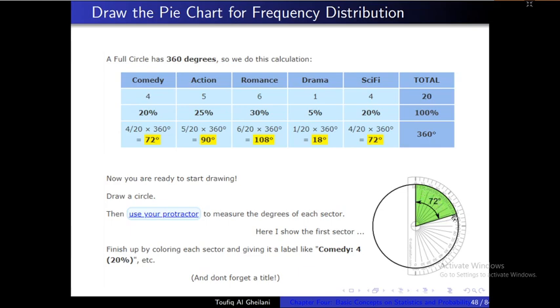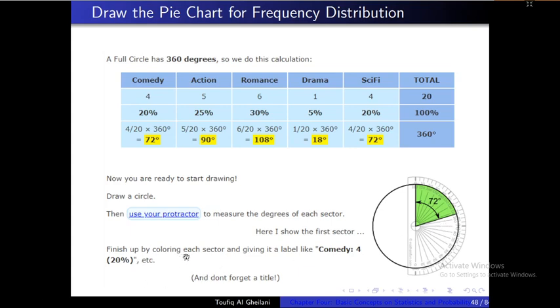Here 72, here look, this is 70 and here 72, and we put 72 here for 20%, and so on. For 90, we put here, and so on.